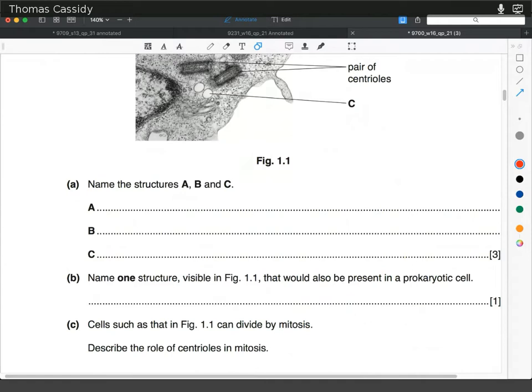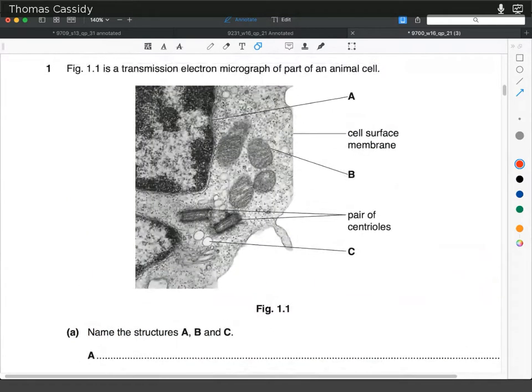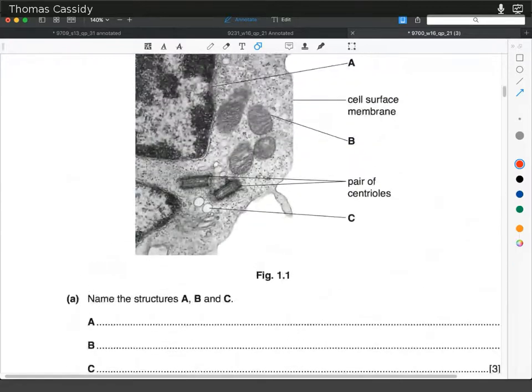And the important thing is you don't have to point out where it is on here. So although it says name a structure visible from here, you don't have to be able to recognize it from this picture.